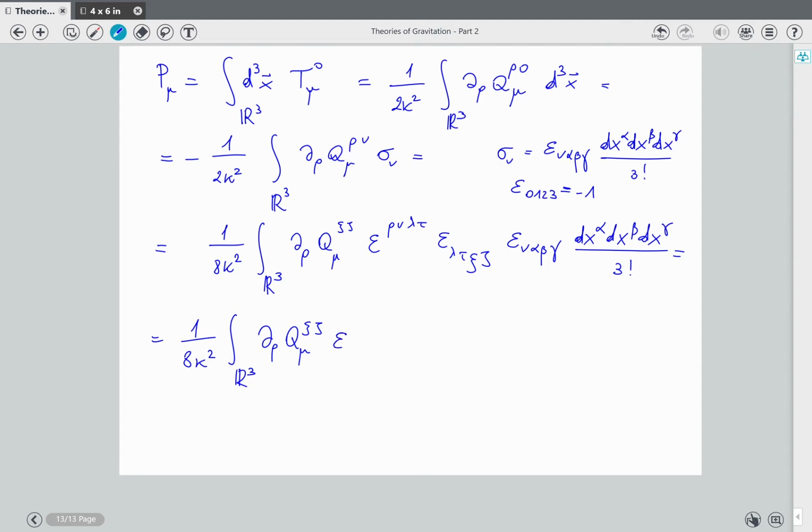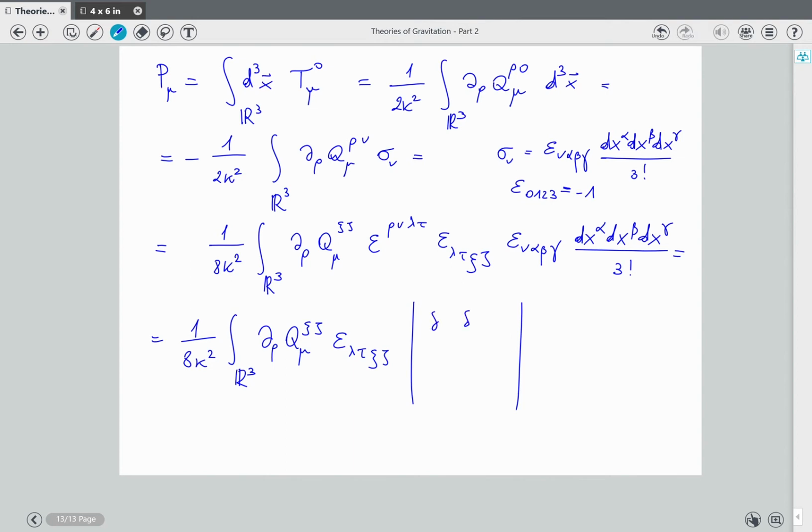Then we can copy the third epsilon tensor lambda tau psi zeta. And then we have a determinant, since nu here in second place and there it's in first place, we have a minus sign. Since two epsilons give a minus sign, in Minkowski space we have two minus signs, so we have a plus.